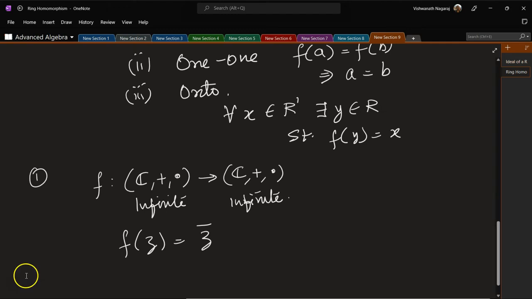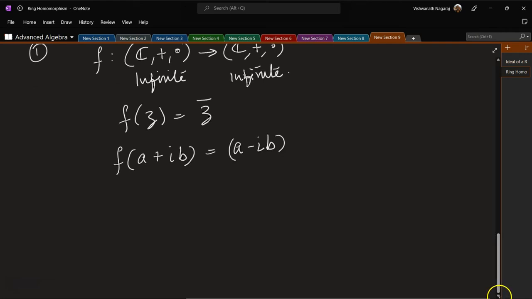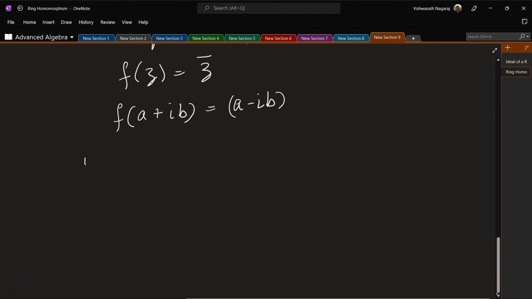So again, let's see how we can say that f is a homomorphism. So instead of saying z, let's actually write it in this form. f of a plus ib is equal to, when we apply the function, it should give us a minus ib, its conjugate. So now let's check the conditions.